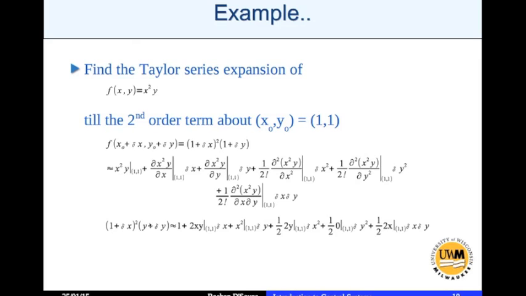If you put all the numbers in and do all the partial derivatives, f evaluated at 1 1 is going to be 1, the partial with respect to x is going to be 2xy, the partial with respect to y is going to be x squared, and so on and so forth. You evaluate these partial derivatives at the operating point, and you end up getting 1 plus 2 delta x plus delta y plus delta x squared plus delta x delta y. This is the second order approximation of this nonlinear function about the operating point 1 1.